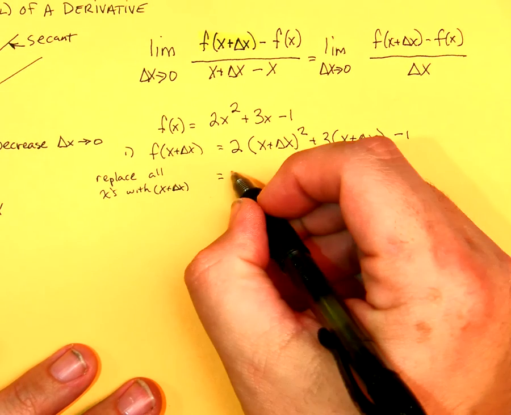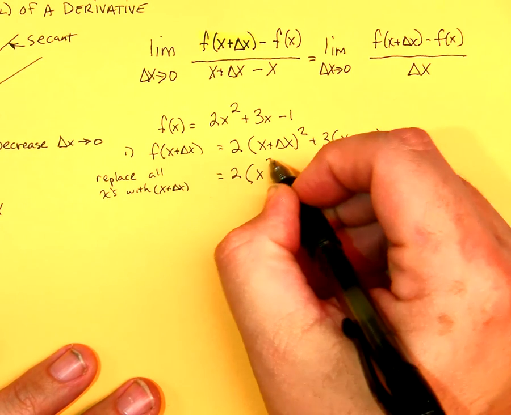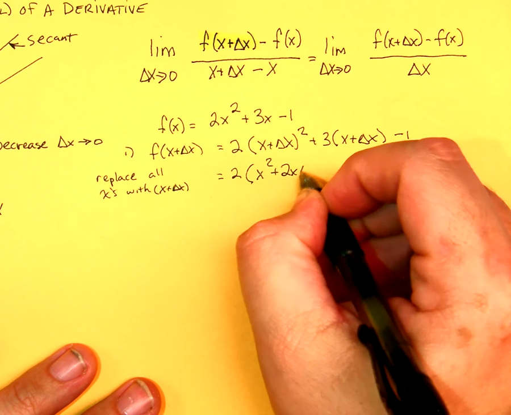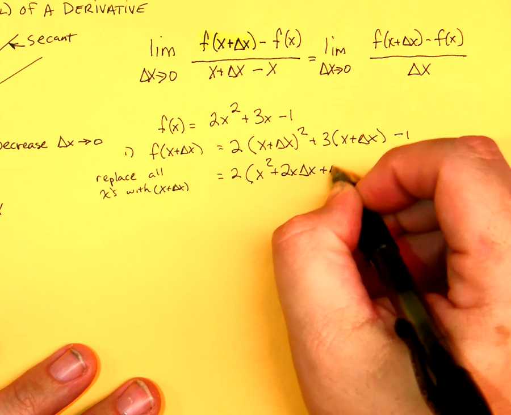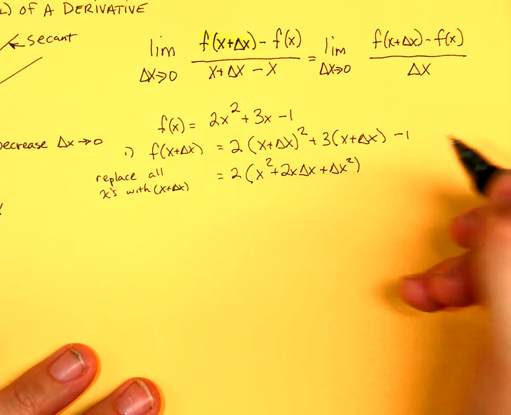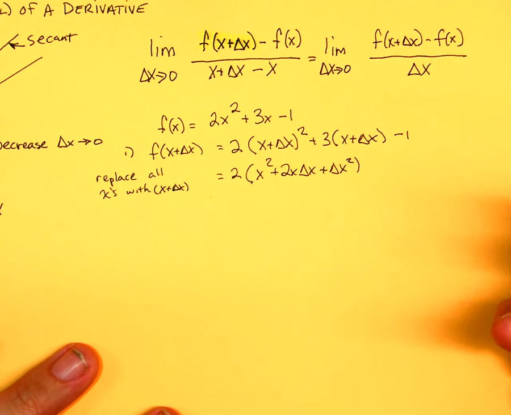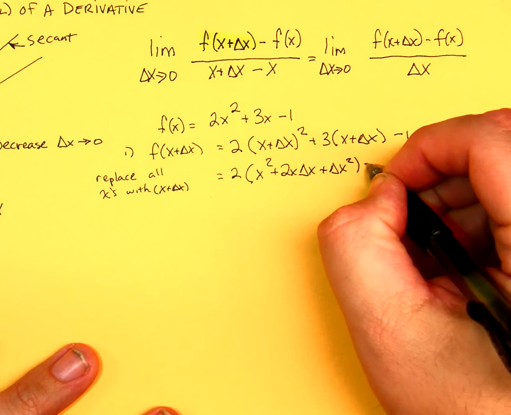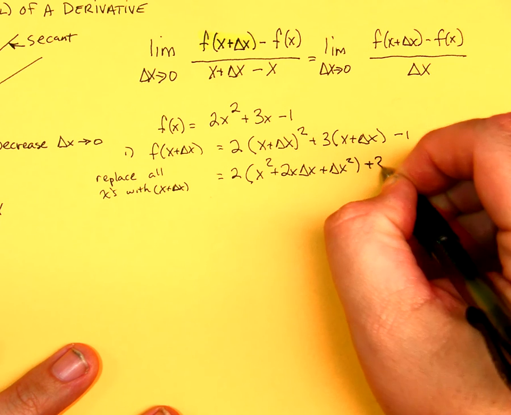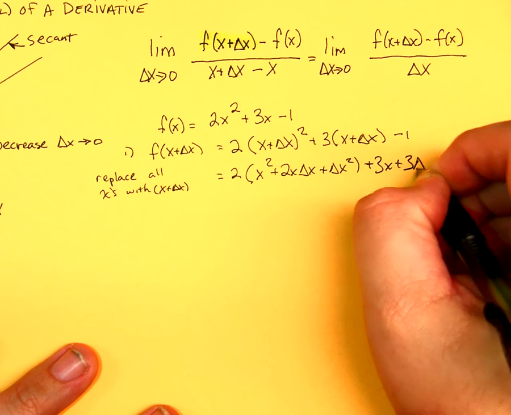2 times x squared plus 2x delta x plus delta x squared. This is where knowing how to do a perfect square binomial is really good. Distribute here, we get plus 3x plus 3 delta x minus 1.